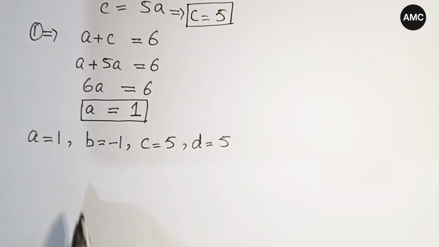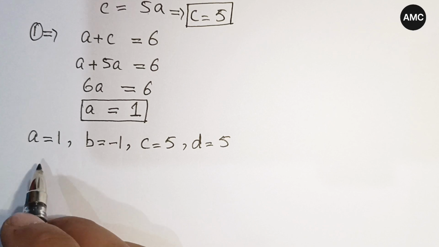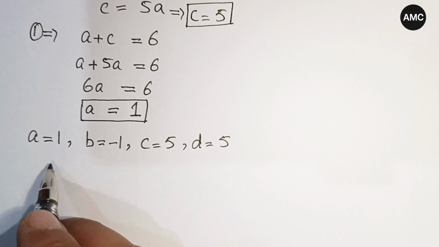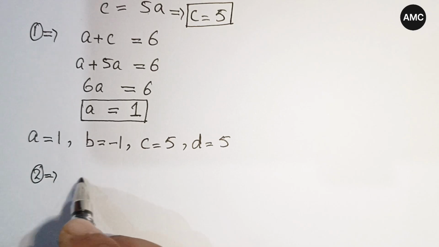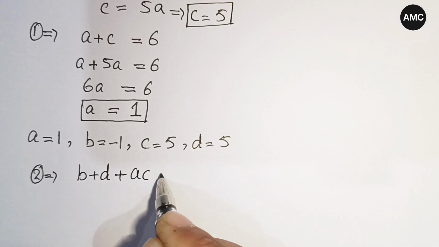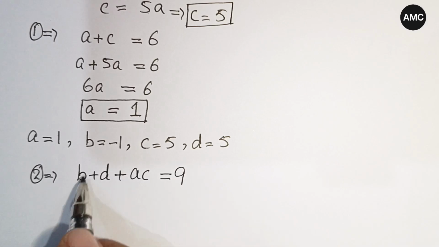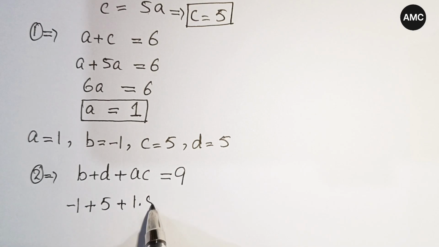Now putting all these values in our equation 2 for the verification of this case. So let's check our values of a, b, c and d. Our equation 2 implies that b plus d plus a times c is equal to 9. So here b is minus 1, plus d is 5, plus a is 1 and c is 5.